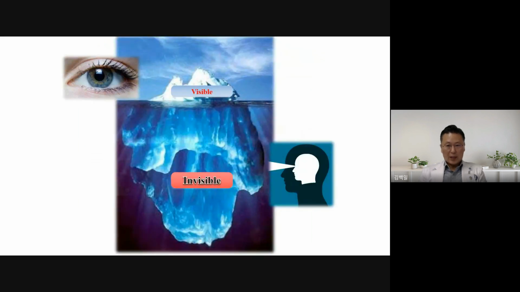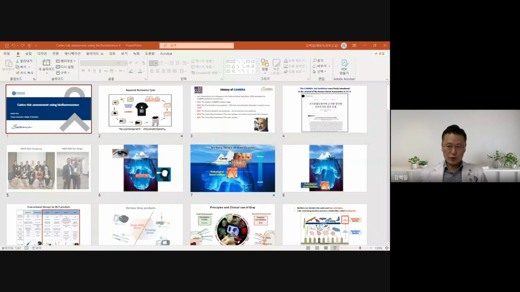Okay, many people say the progression of oral disease is very similar to an iceberg. For an iceberg, only 10% we can see by the naked eye. 90%, most of it, is located under the sea level. So we only see above the sea level. This structure is very similar to oral disease progression.